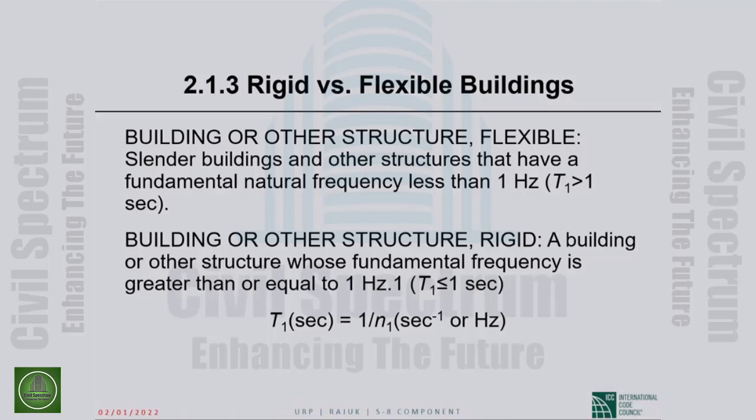And so the reciprocal of T sub 1 would be N sub 1, the frequency of the first mode. The unit of that would be second to the power minus 1, and second to the power minus 1 is called hertz. So when we say period less than or equal to 1 second, they will say fundamental frequency larger than or equal to 1 hertz, which for me is complicated, but that's how the wind provisions are written.